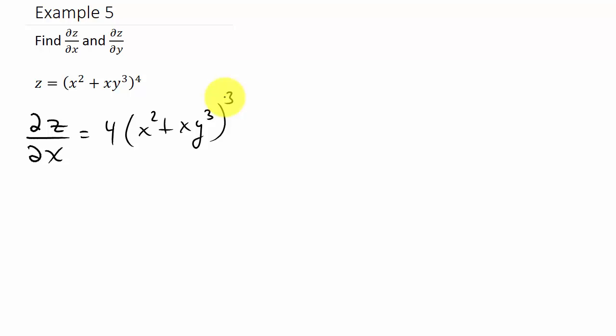Okay, remember you bring the exponent down and subtract 1, and then it's times the derivative of what's inside the parentheses. Okay, so the derivative of x squared is 2x, and then I have the derivative of xy cubed. Now remember, finding the partial of z with respect to x, the y cubed is a constant. So we have xy cubed.